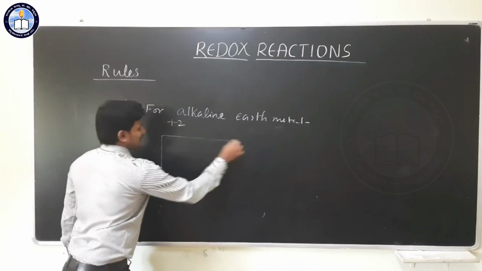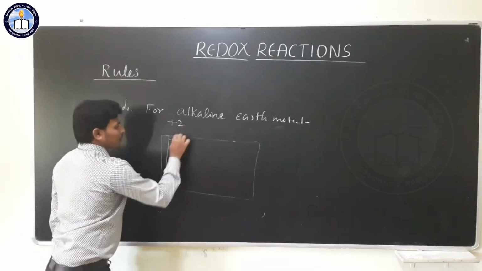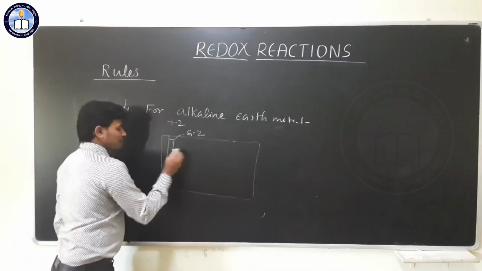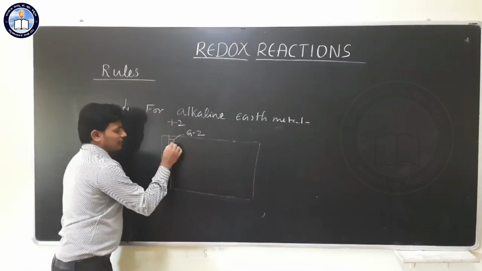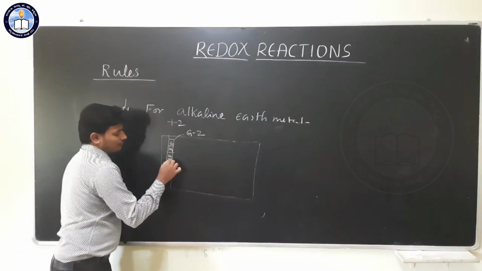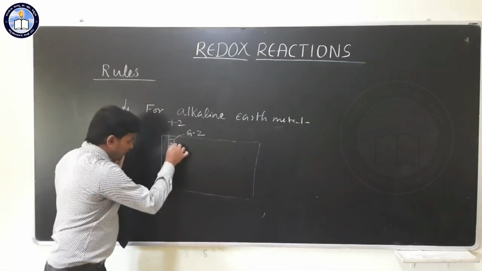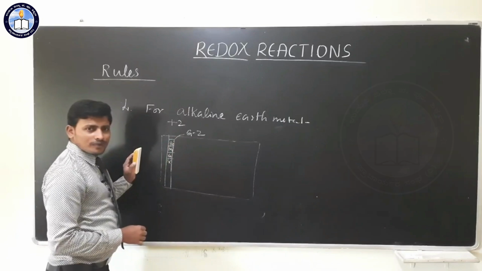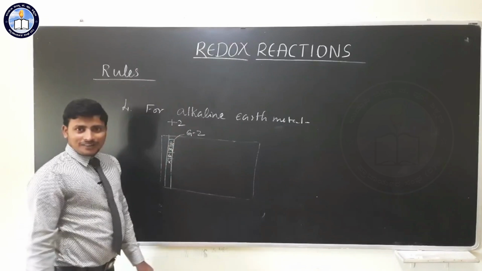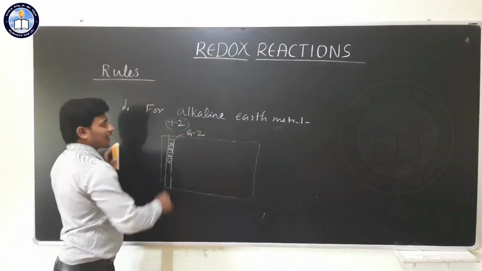These are the metal series present in the periodic table that belong to group number 2. Here we can see beryllium, magnesium, calcium, strontium. So for this kind of elements present in group number 2, also known as alkaline earth metals, the oxidation state is taken as +2.